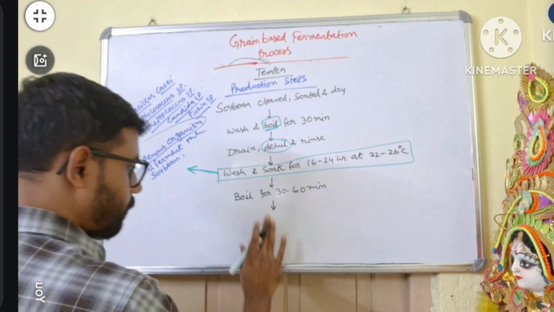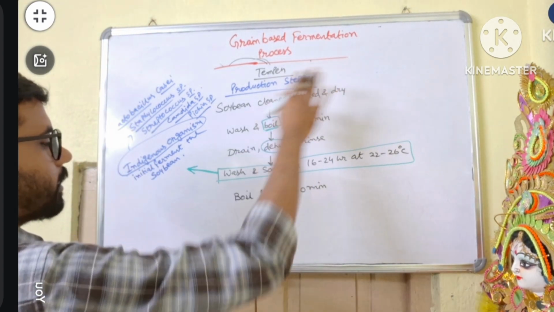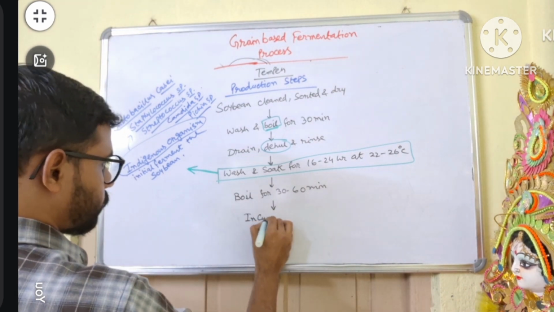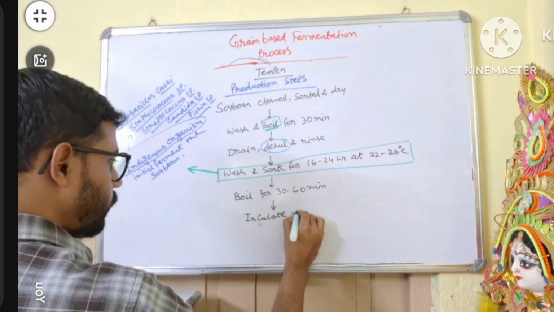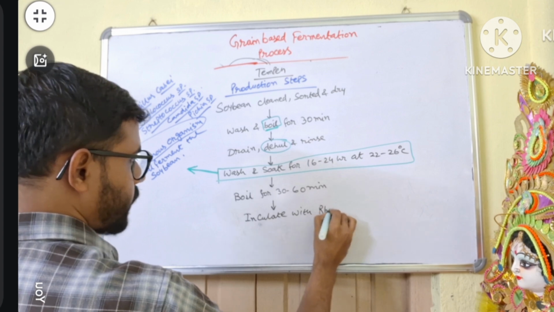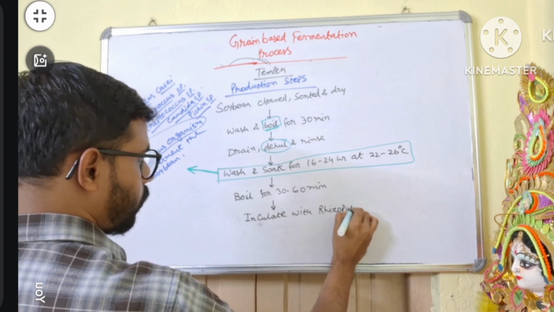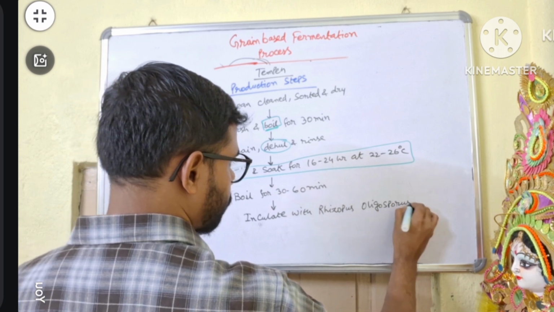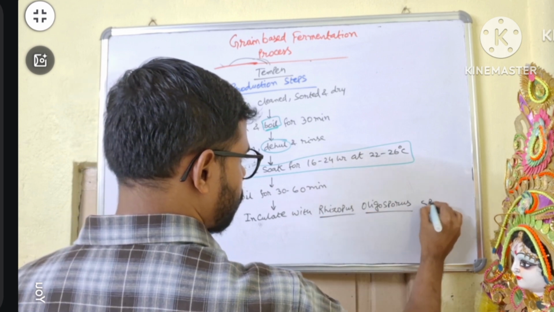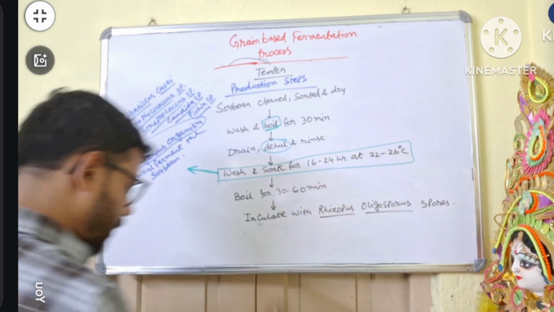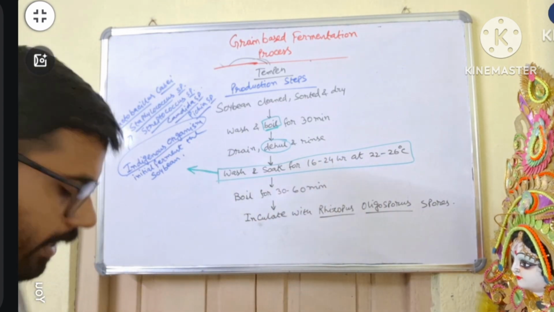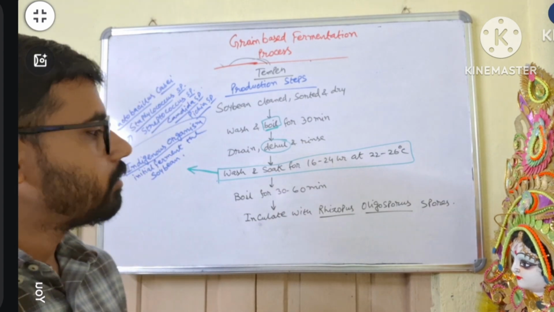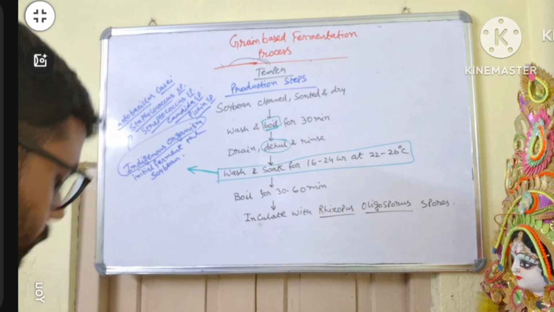After boiling and cooling, it is inoculated with Rhizopus oligosporus spore, not the direct vegetative organism. Add it as a spore, and these spores germinate inside the soybean later.